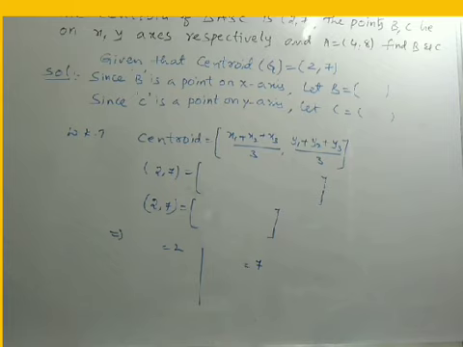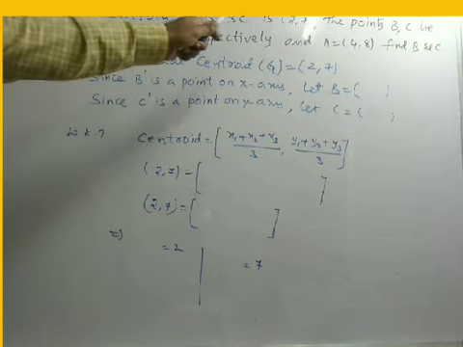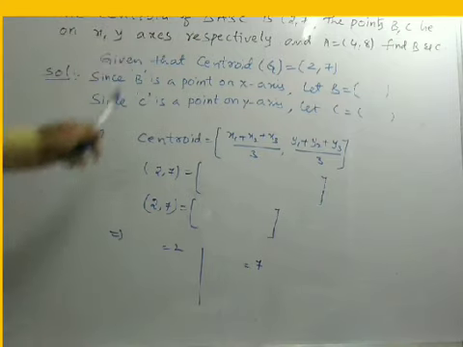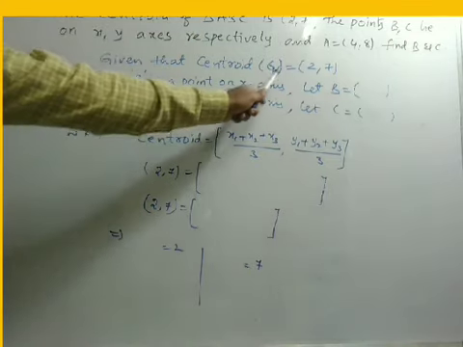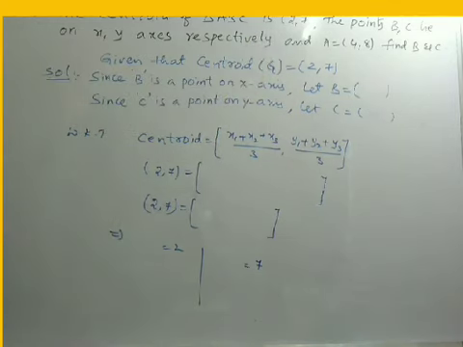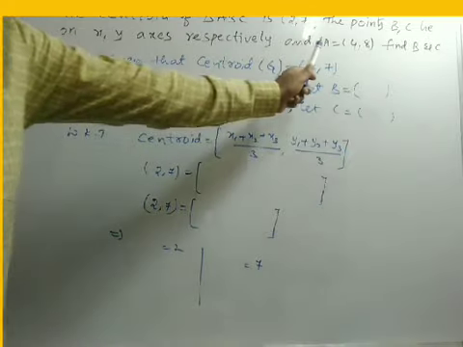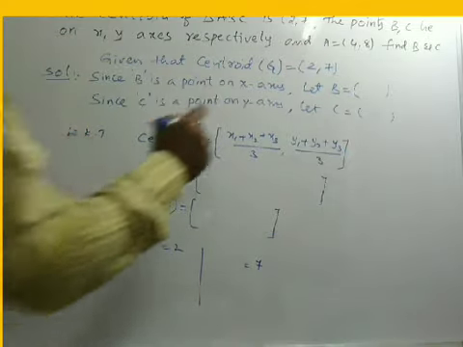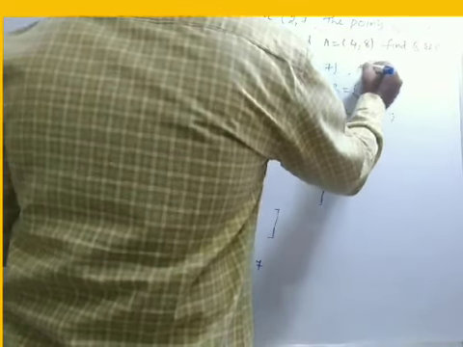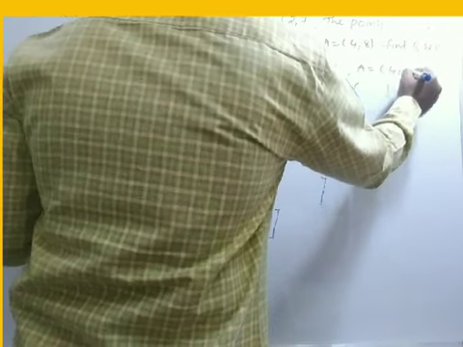First of all, once again try to understand what is given and what is asked. Clearly the centroid is given as (2, 7), so the centroid G is (2, 7), right? Now coming to the vertices ABC, this time only one vertex is provided, that is capital A, which is (4, 8).